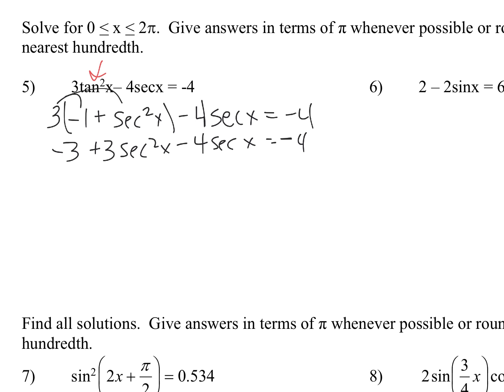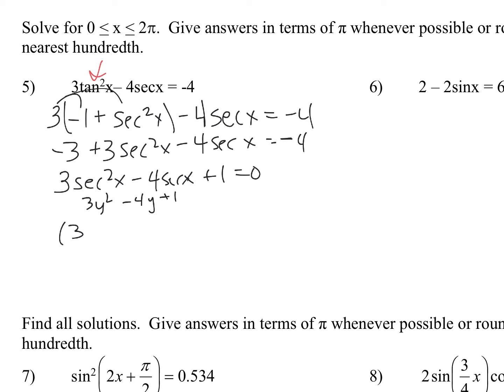So let's move the 4 to this left-hand side. So I get 3 secant squared x minus 4 secant x, and this is going to get me a plus 1, because I add the 4 and then the minus 3. And so this is factorable as if it's 3y squared minus 4y plus 1.